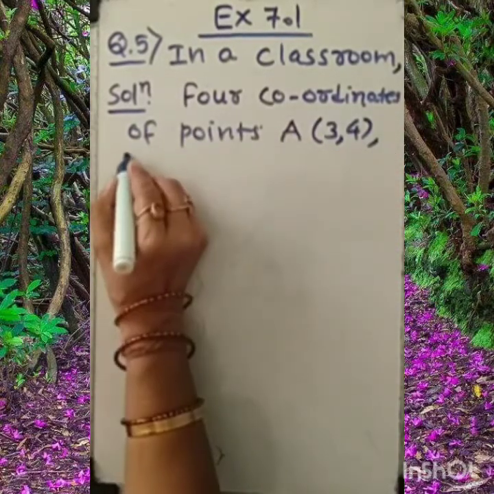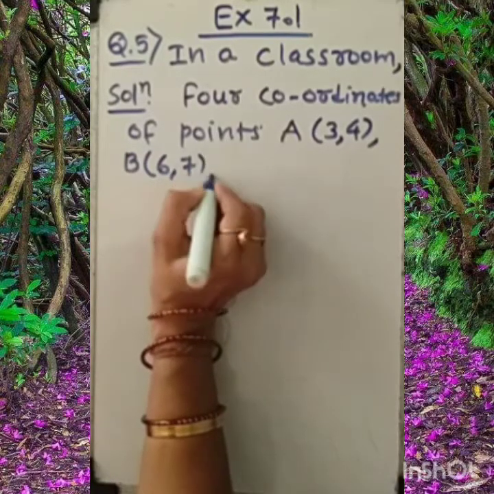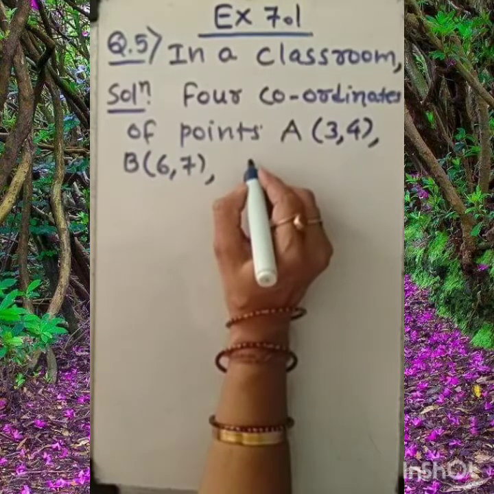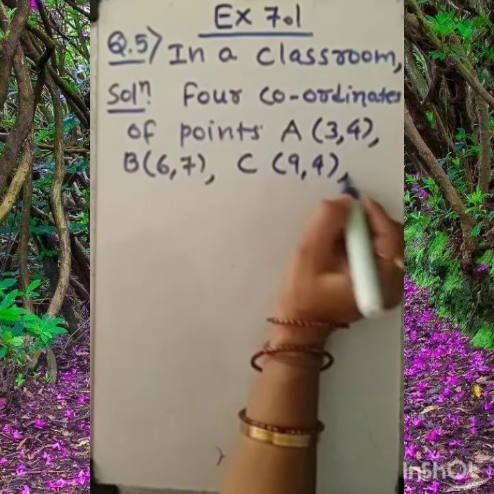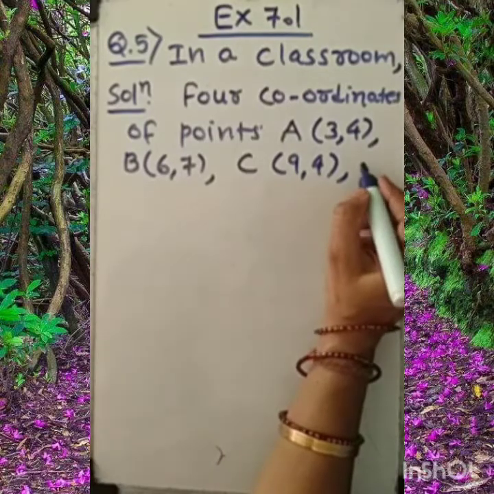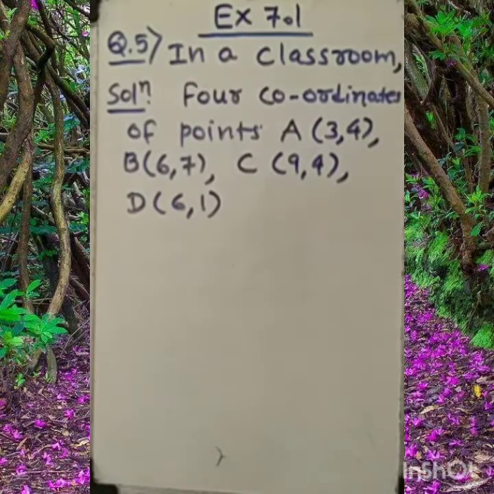B is 6, 7. C is 9, 4. And D is 6, 1. This we can judge through the given figure only.